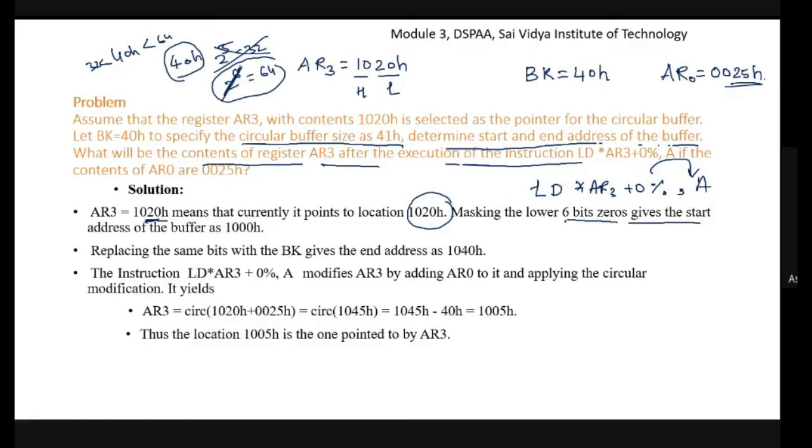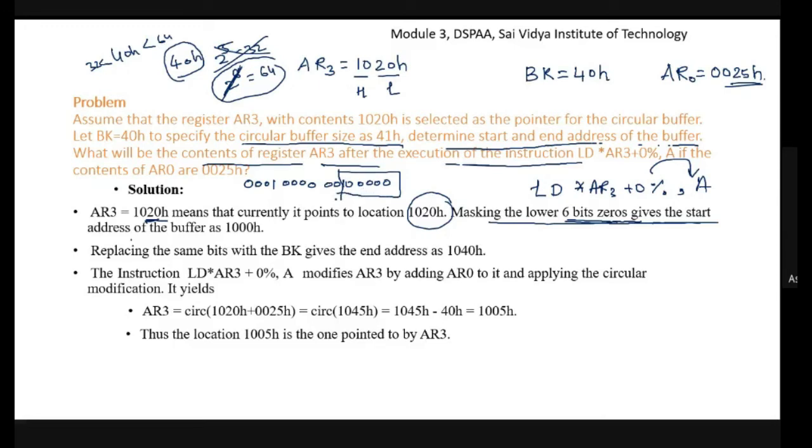So why 6 bits? Masking the lower 6 bits to zeros gives the start address of the buffer. So in this, if you write 0001 000, then 0010, then 0000, what we are doing is masking the least significant 6 bits.